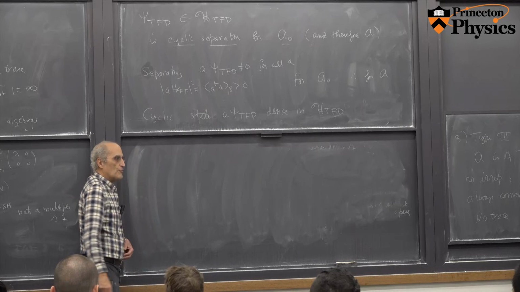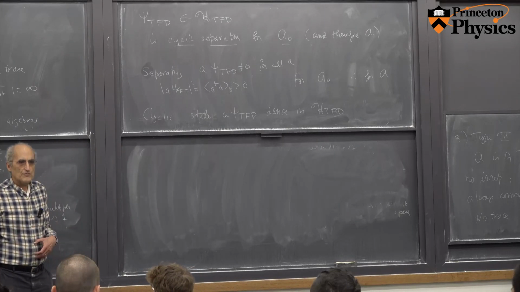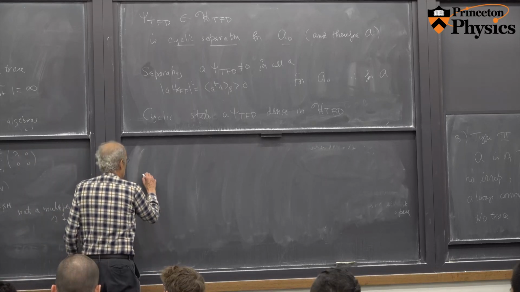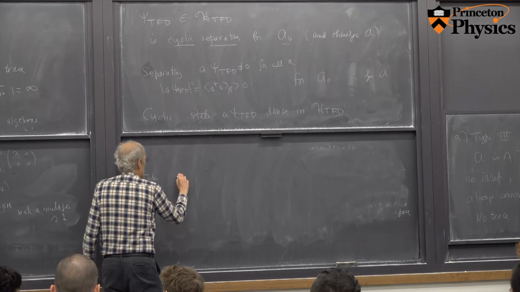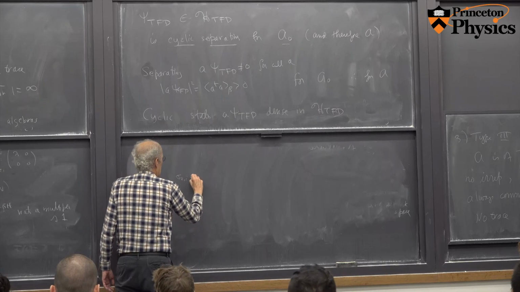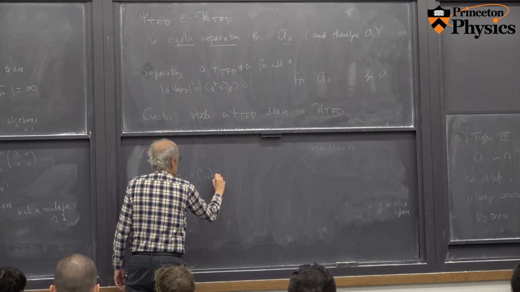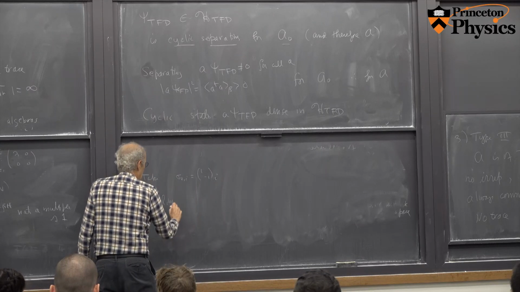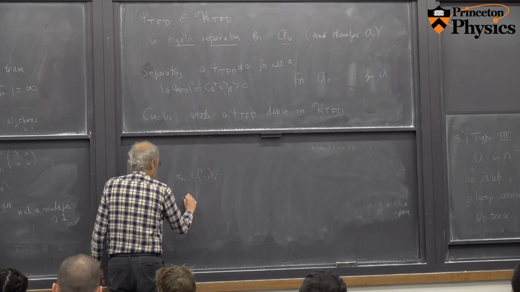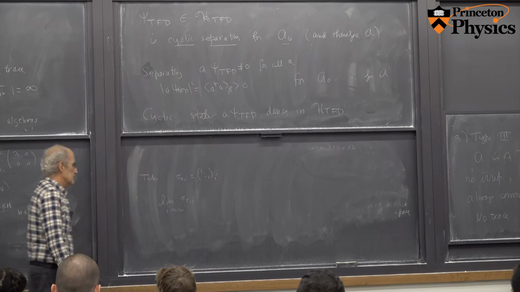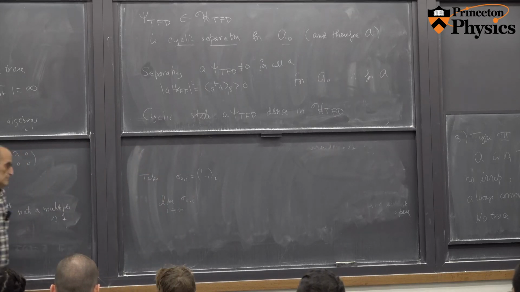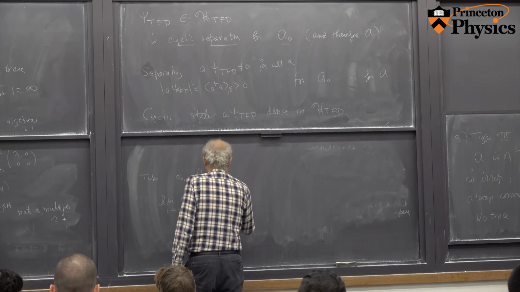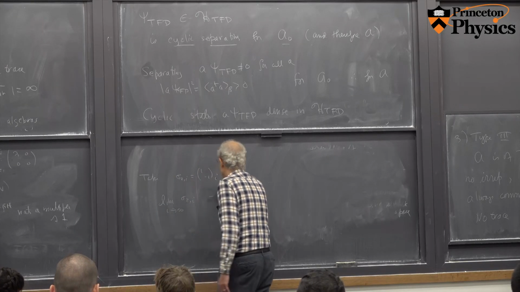I want to make it more obvious that the algebra we get in the infinite volume limit depends on the Hamiltonian. So, for example, take sigma z i to be the sigma z operator of the ith spin. And now look at the limit as i goes to infinity of sigma z i.